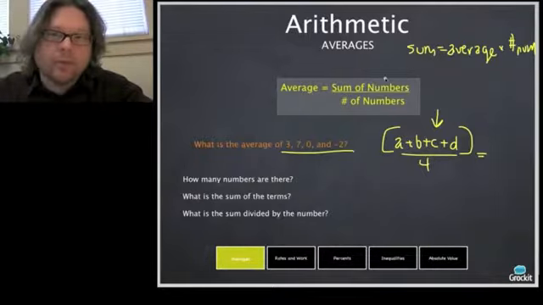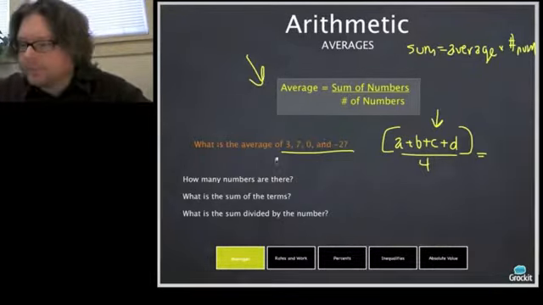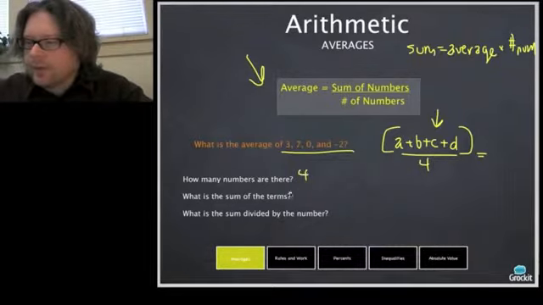And so sometimes this format of the equation will actually be the one that ends up being much more useful. So 4 numbers, the sum of the terms we already established was 8. 10 minus 2 is 8, and the sum divided by the number was 2. Because we got 8 over 4 equals 2.